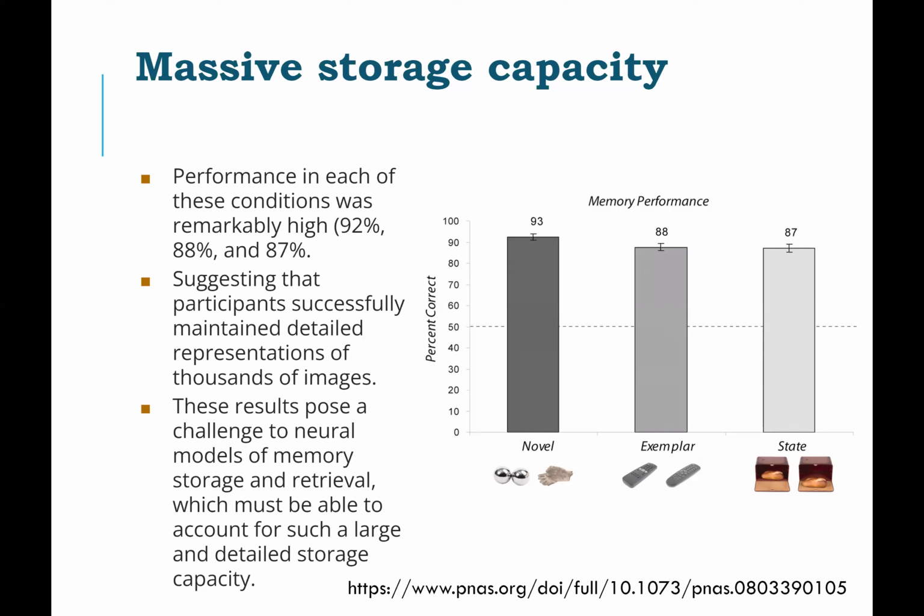Yes, so 50% is the chance level. So that's one caveat, right? There's at least a 50% chance. So 87 is not that great necessarily, but along that line, what would be the alternative way to test this?